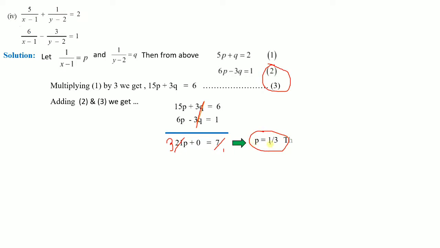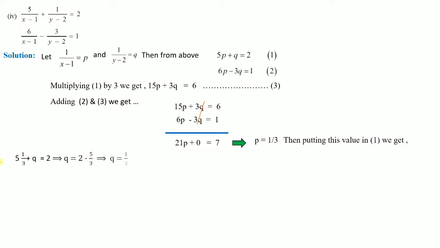Now we will put this p is equal to 1 upon 3 in equation 1. We will put 5 into the value of p, 1 upon 3, plus q equals 2, the right hand side.